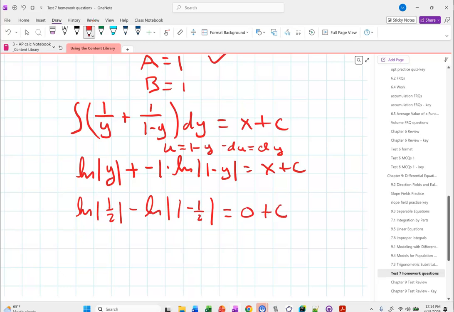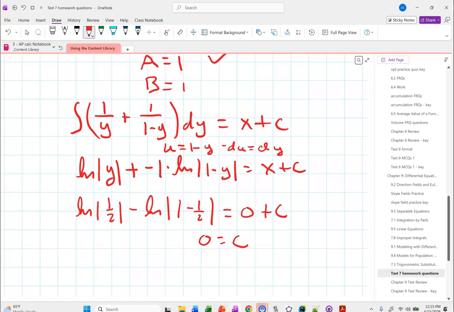Everybody's okay there? 1 minus 1/2 is 1/2. Natural log 1/2 minus natural log 1/2 is 0. So C is just going to be 0.